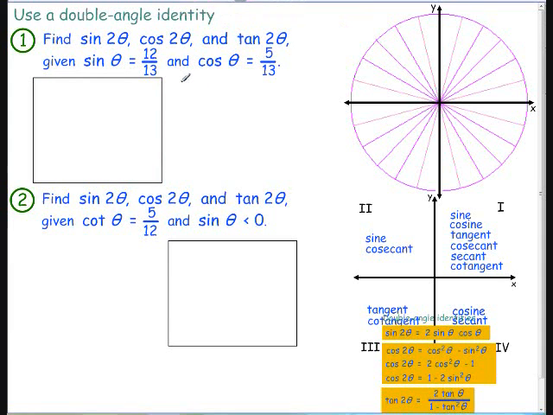Sine of 2 theta is going to be equal to 2 times the sine of single theta times the cosine of single theta.